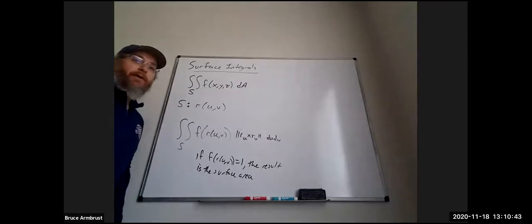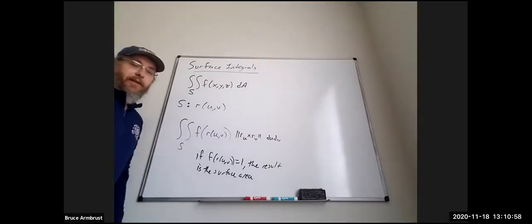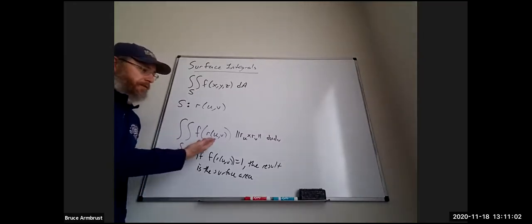For example, if you wanted to find the mass of a surface, if you knew its density, integrate the density over it. If you wanted to know the total charge on a surface, if you knew the charge density, you could integrate that over the surface. Whatever it is we want to add up over a surface, that's our function.